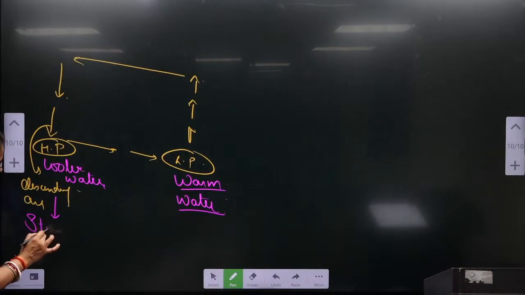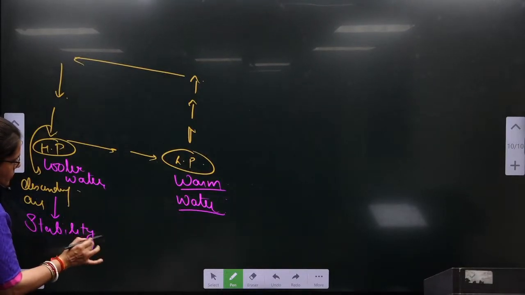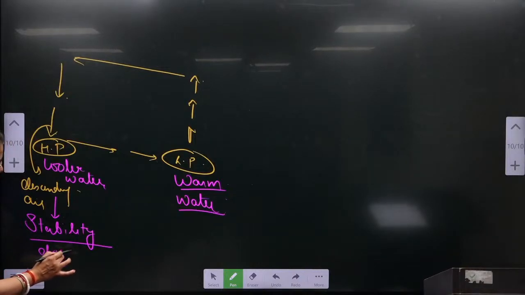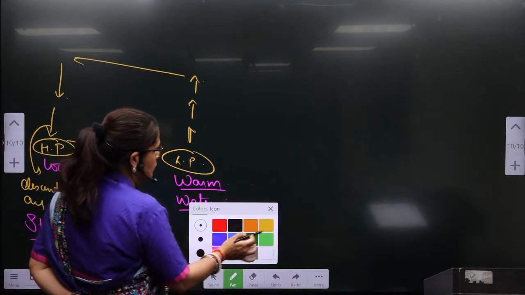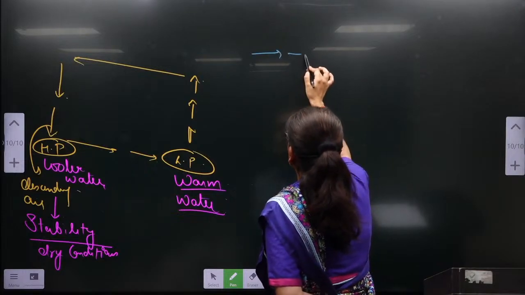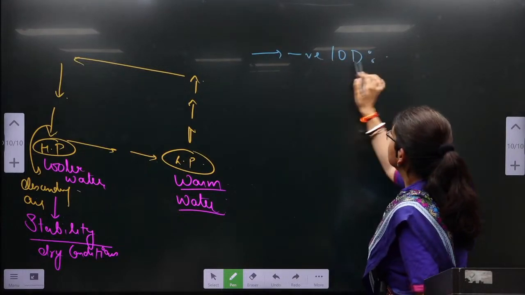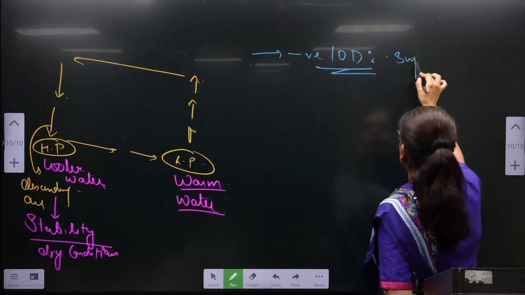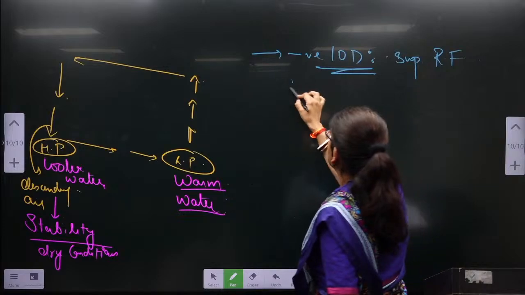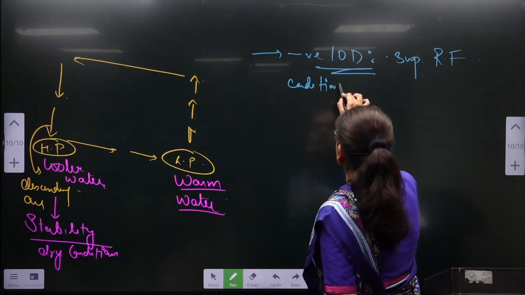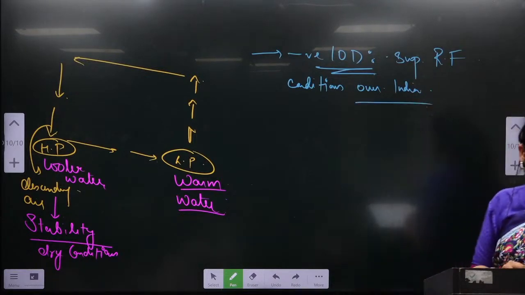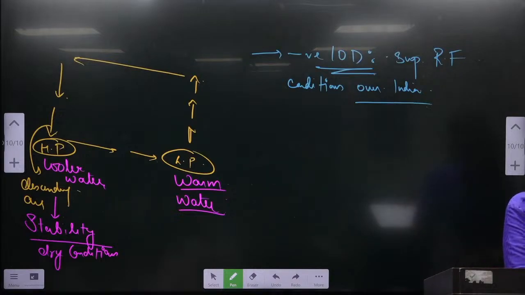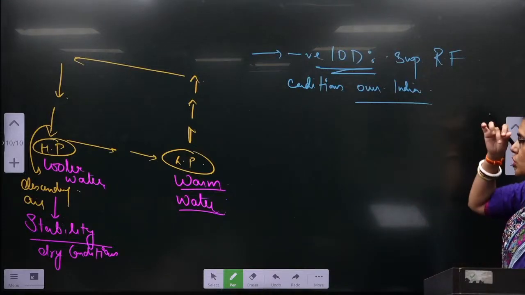So condition of stability, dry conditions. This is an example of negative IOD. Suppressed rainfall. Whereas enhanced rainfall over the eastern Indian Ocean.